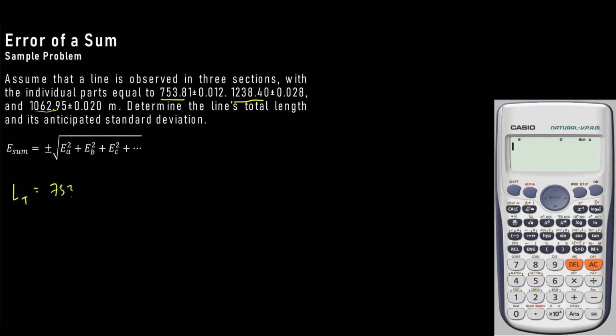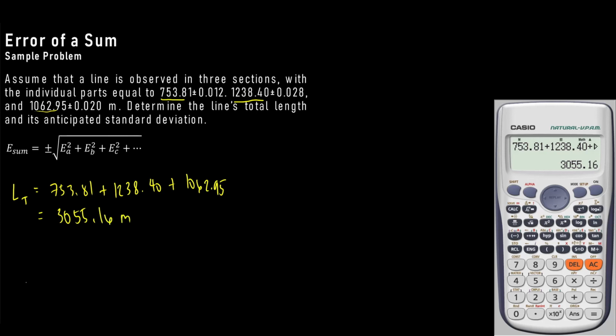So, 753.81 plus 1238.40 plus 1062.95. Solve natin. 753.81 plus 1238.40 plus 1062.95 equals 3,055.16 meters.